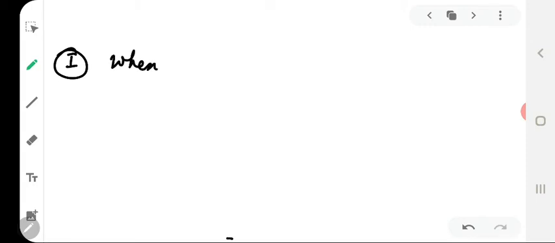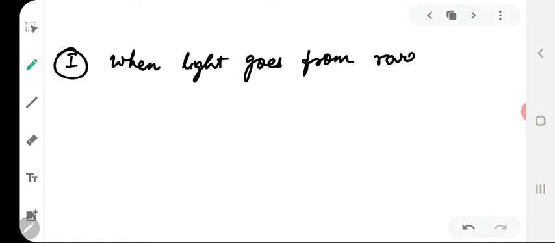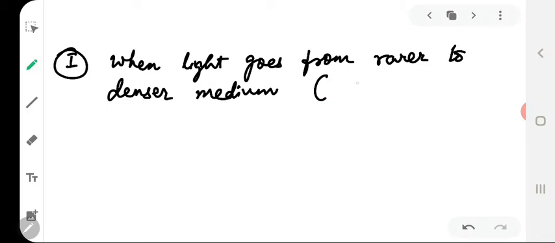When light goes from rarer to denser medium, this means if the rarer medium has got a refractive index n1 and denser medium has got a refractive index n2, then n1 is less than n2.